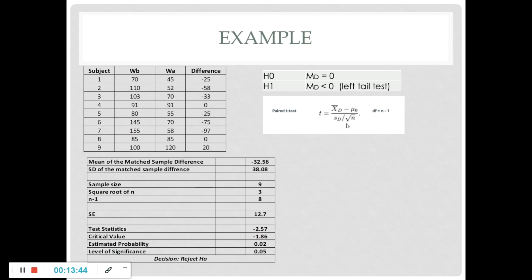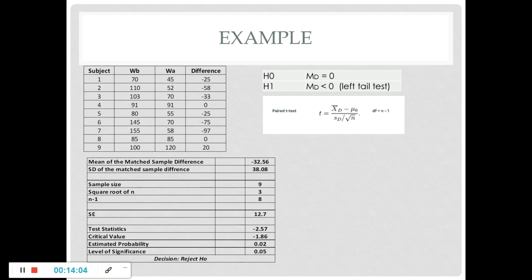Your test statistic is calculated by dividing the mean of the matched sample difference by the standard error, and you get minus 2.57 as the test statistic.